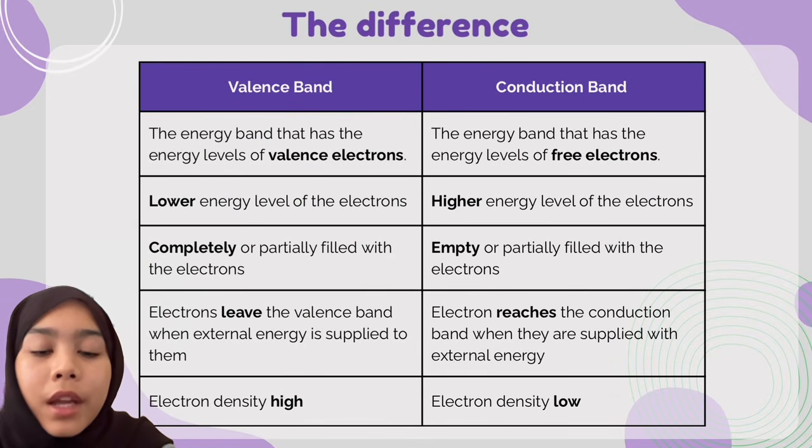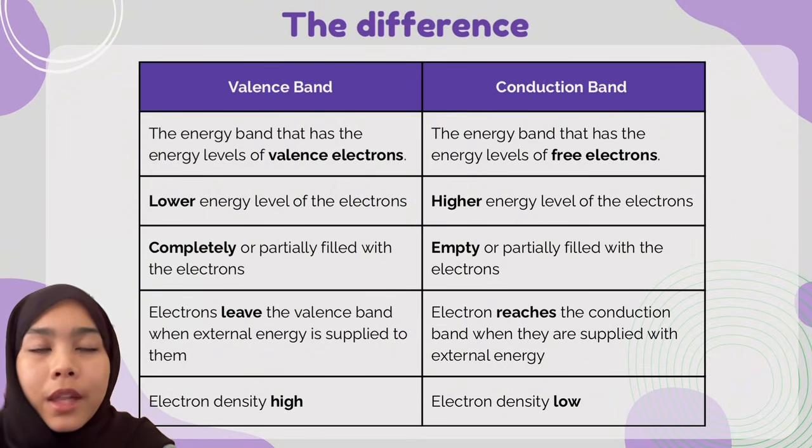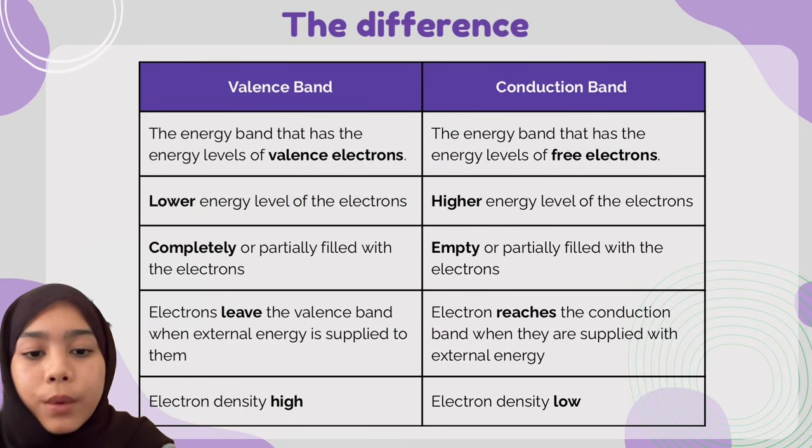Meanwhile, the conduction band is empty or partially filled with electrons. For the valence band, electrons leave the valence band when external energy is supplied to them, while in the conduction band, the electron reaches the conduction band when it is supplied with external energy. For the valence band, the electron density is high, meanwhile for the conduction band, it is low.